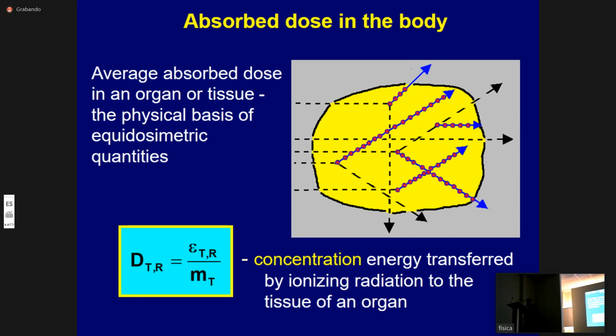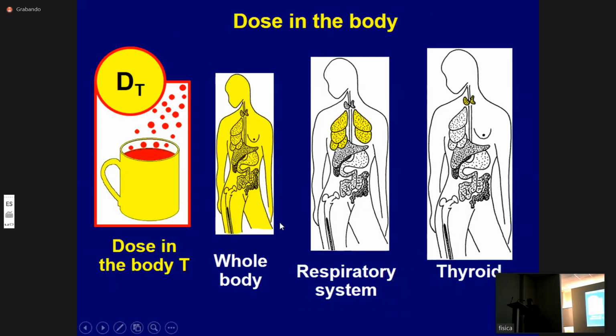The absorbed dose in an organ or tissue cannot be directly measured. So it is impossible to determine directly how much ionizing radiation energy was transferred to a given tissue and what dose was received in any organ when a given organ or subject was irradiated.